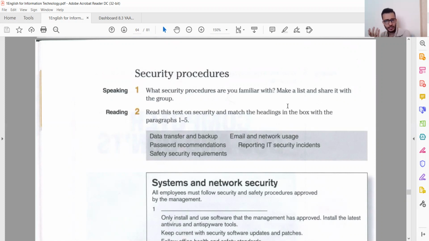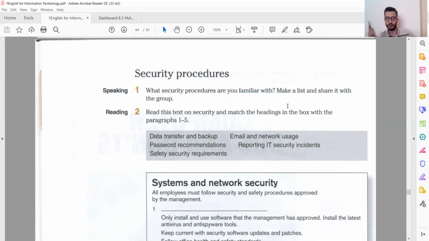So what do you know? What security procedures do you know? So in our mobiles, we have first the fingerprint security procedure, right? Also, we have in some mobiles the face recognition procedure, right? Just the mobile recognizes your face and then that's it.